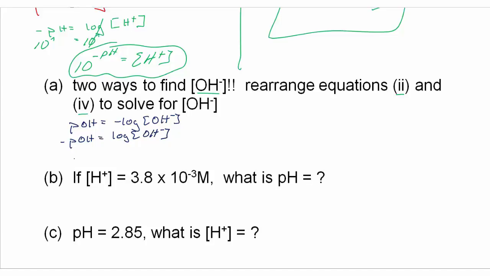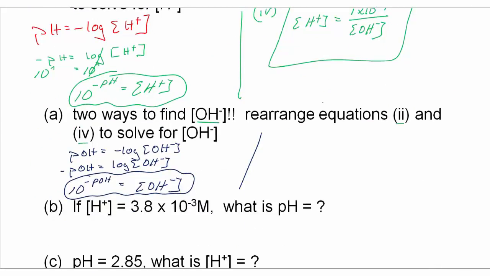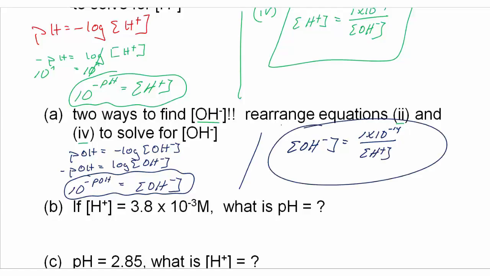Raise both sides to the 10 power. 10 to the negative pOH equals the concentration of hydroxide. Right, because 10 and log are inverse functions. And you could also rearrange equation 4 for hydroxide. So that would just be hydroxide would be 1 times 10 to the negative 14 divided by the hydrogen ion concentration. So there's our two ways to get hydroxide.